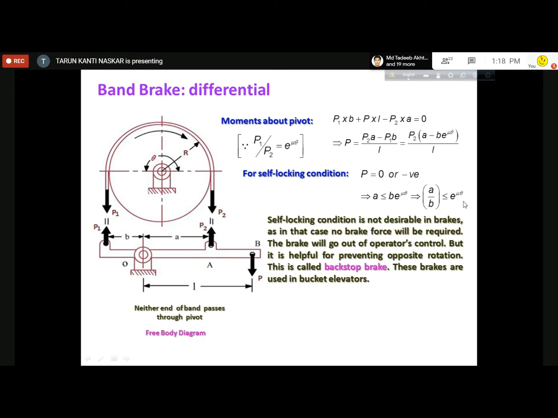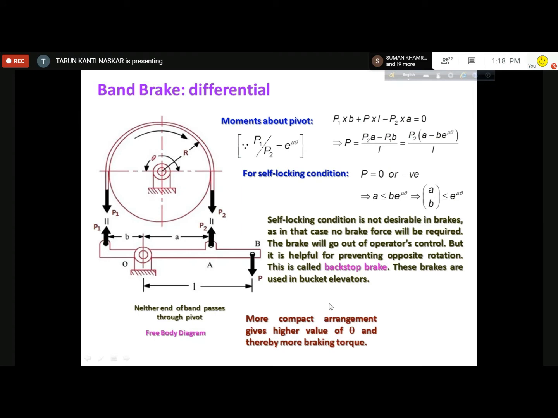So this is called a backstop brake. And these brakes are used in a bucket elevator. When it is lifted to some position and it is not desirable to go down, then this self-locking condition is required, and this is called a backstop brake.